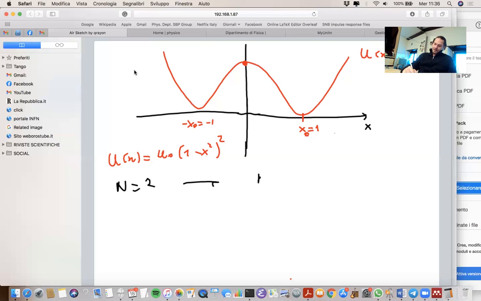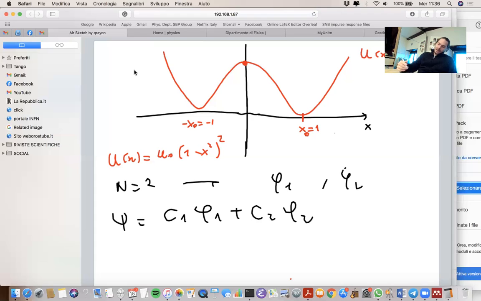Only two orthogonal, or as we shall see, nearly orthogonal functions will be good enough to expand my wave functions to get both the ground state, which I label 0, and the first excited state.